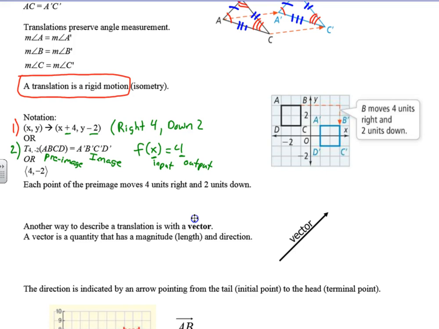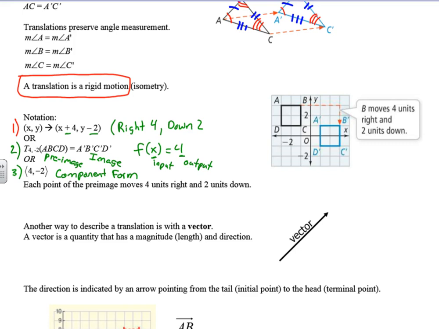And then the last way that we have is called component form. So the component form is, instead of using parentheses, you've got these arrow things on the end, and the first number is going to affect your x value, and the second number is going to affect your y value. So all of those are the same thing.